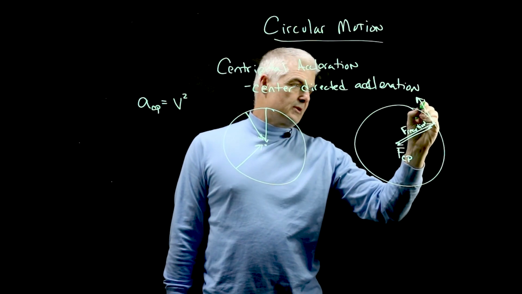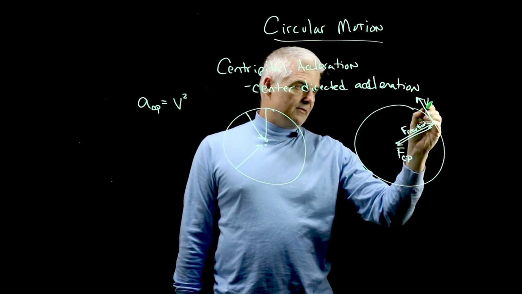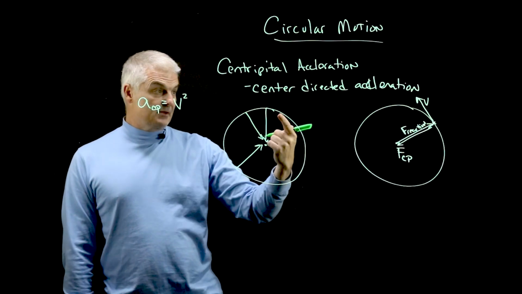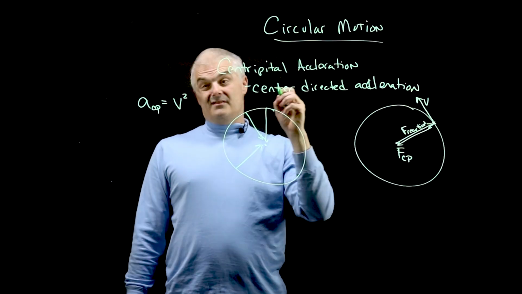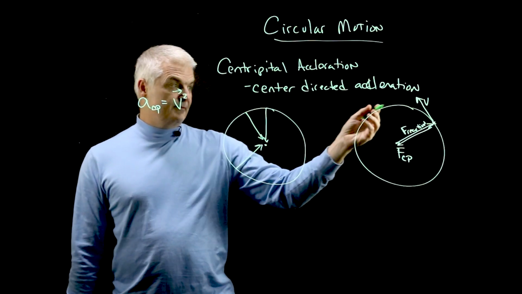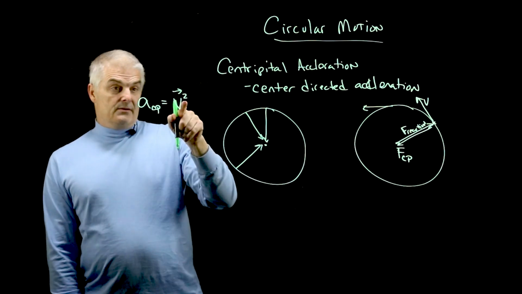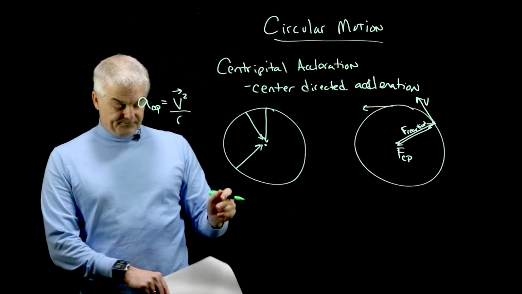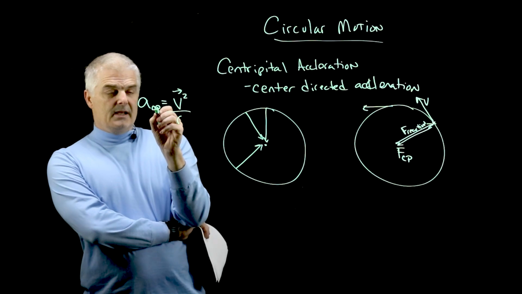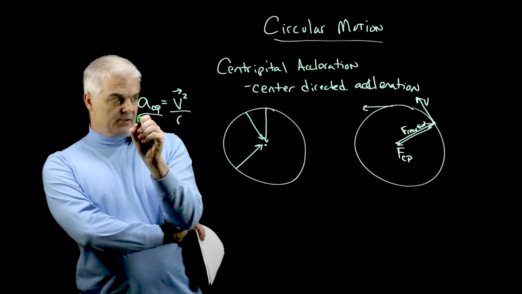This is the velocity of the ball. If it's moving at a constant velocity, which is actually a changing velocity, because this is really the vector, because this changes in the moments over here, it's moving in this direction, right? V squared over r. So the radius matters, and this is called the centripetal acceleration.